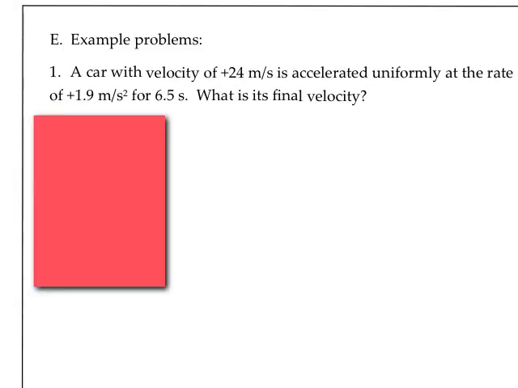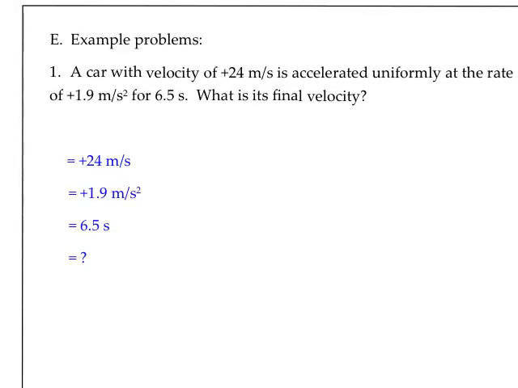So it's always a really good idea to write down everything that's given, and we're going to assign the variables to those values. So meters per second, remember it says velocity of, so that one's a really easy one to look at. However, you may not always be told specifically that a number is a velocity, so it's a good idea to use the units. We see that it's measured in meters per second, and that lets us know that it's a velocity or a speed.